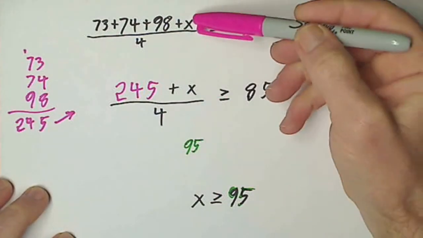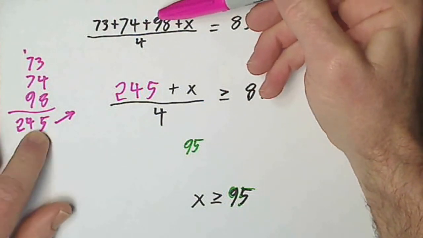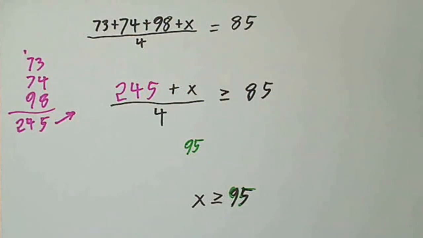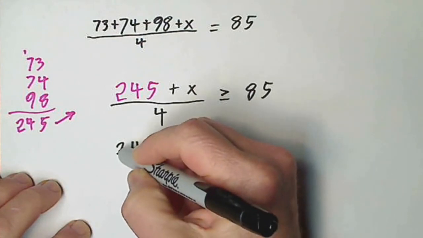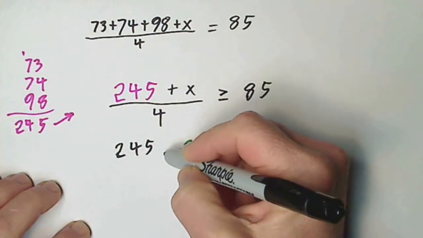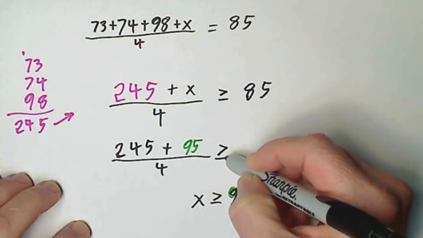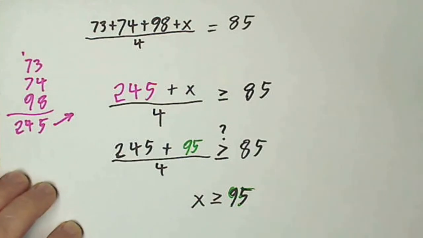I could have plugged it in way up here, but I already added up these 3 digits, and I feel pretty confident that that's 245. So I'm just going to basically put it in right there. Okay. So this would be 245, plus 95 over 4, and we'll see if that's greater than or equal to 85.